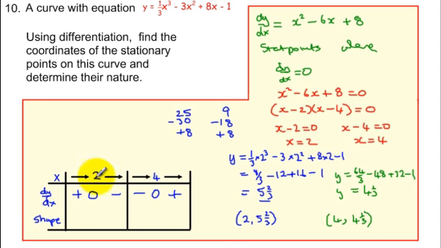So the shape of the graph around 2, positive gradient, 0, negative, negative gradients, 0, positive. So this tells us at x equals 2 we have a local maximum. So this is a maximum turning point. At x equals 4 we have a local minimum, so we would write that this is a minimum turning point.